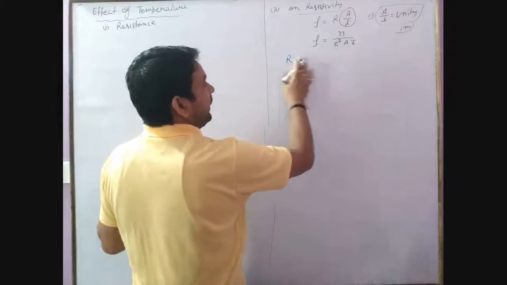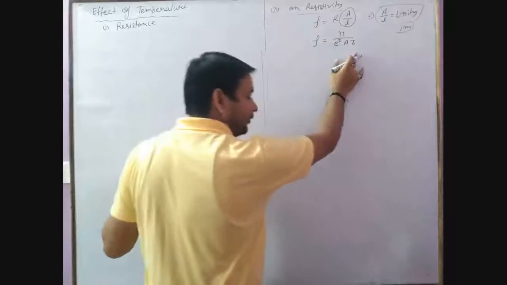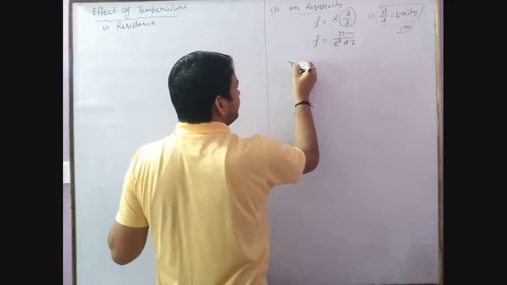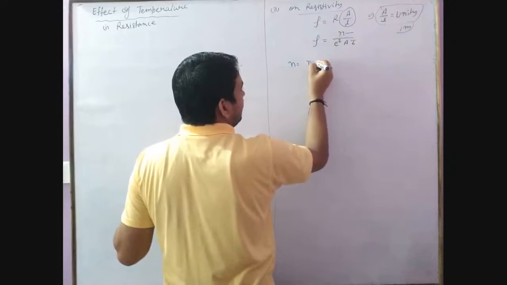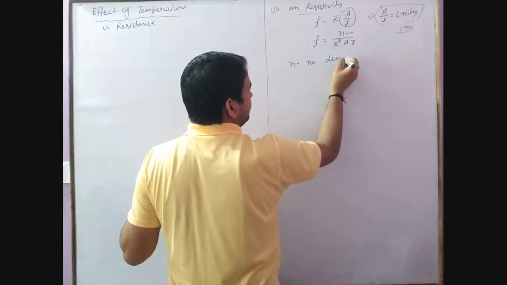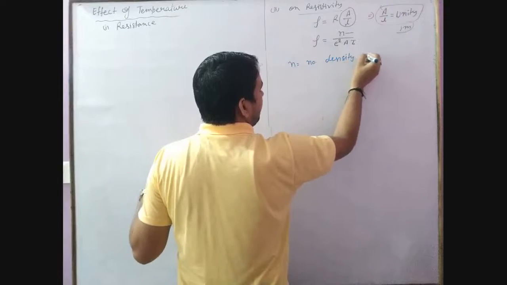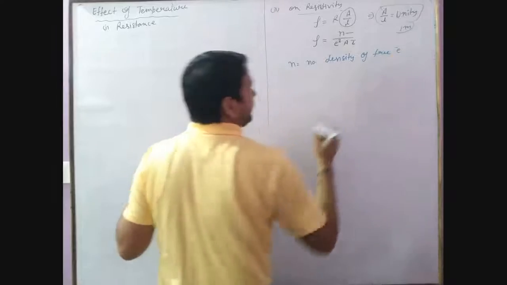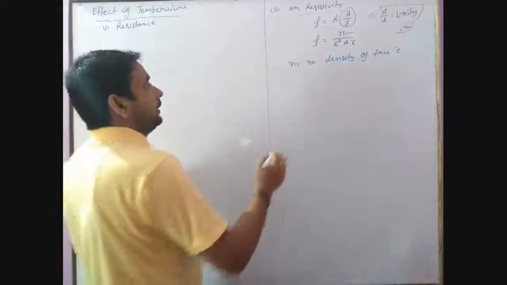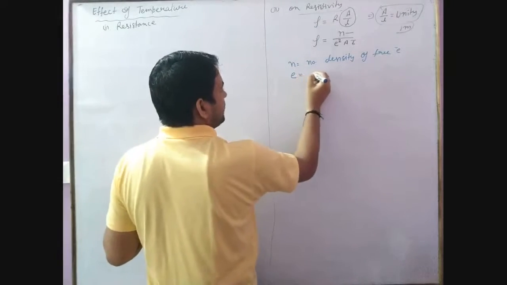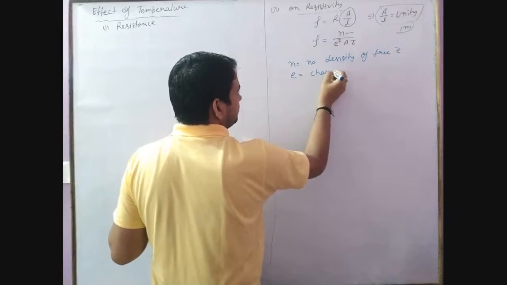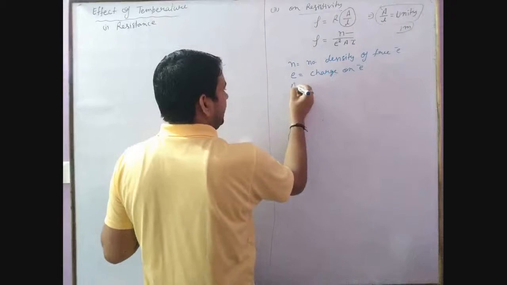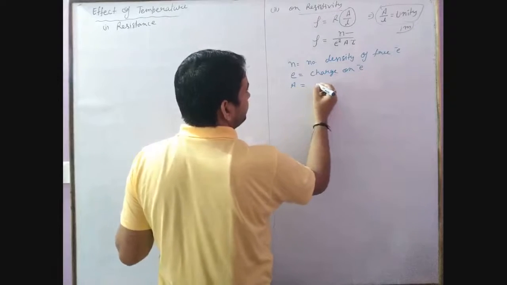So I will write some points here, and according to the second formula, n is the number density of free electrons in the given wire. Second, e is the charge on each electron.